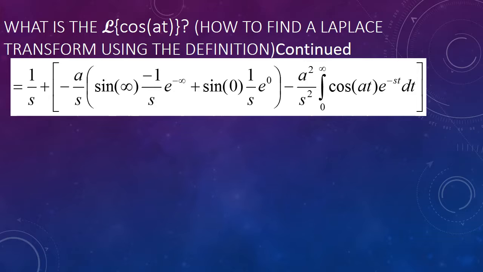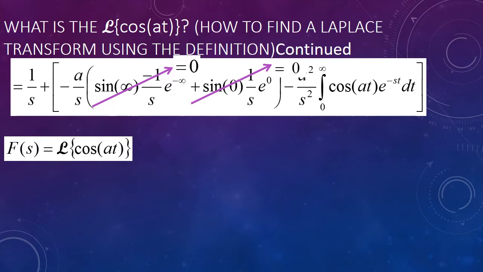All right, so we start with evaluating our limits of the first term. And we find out that that term goes to 0 because e to the minus infinity goes to 0. This term goes to 0 because sine of 0 is 0.